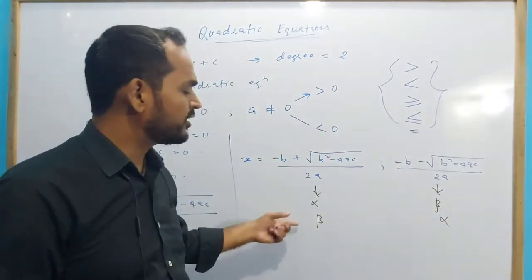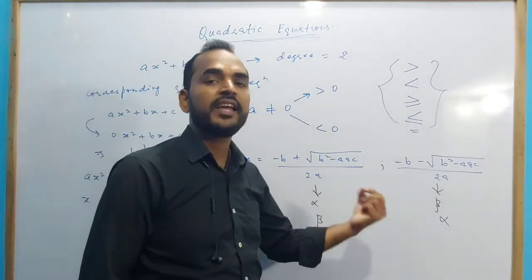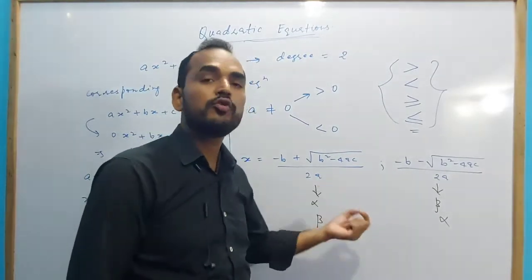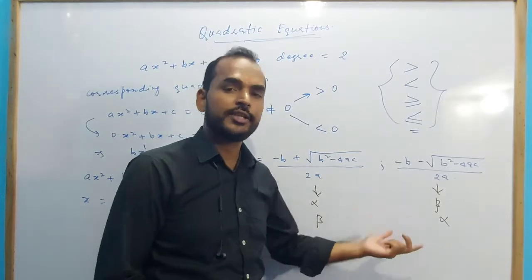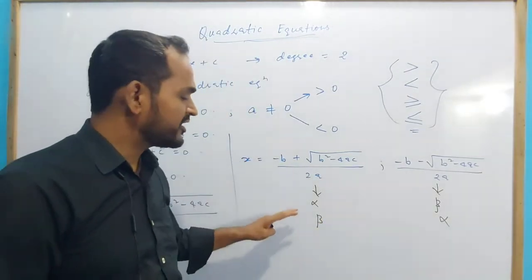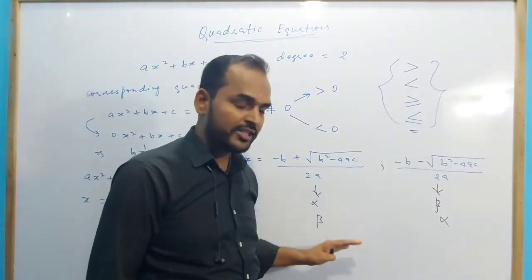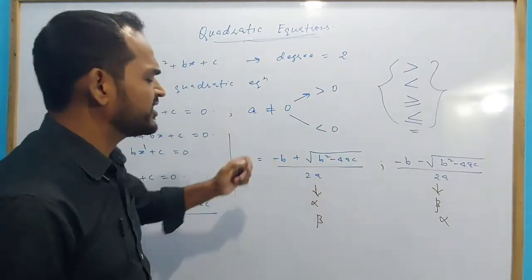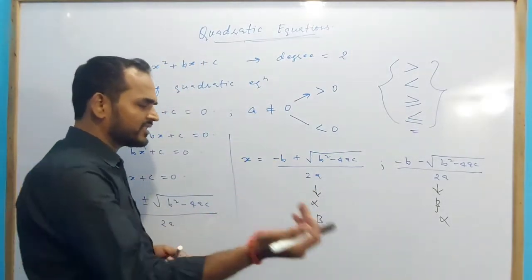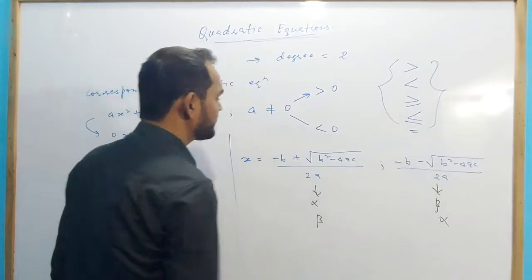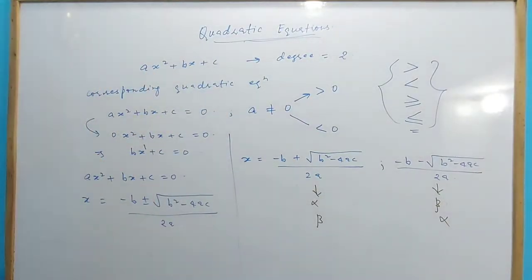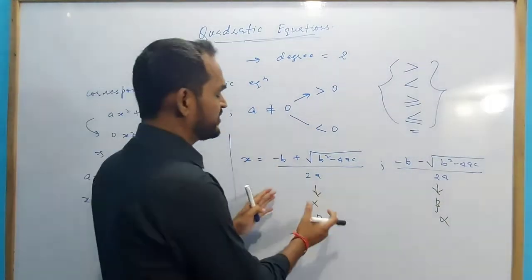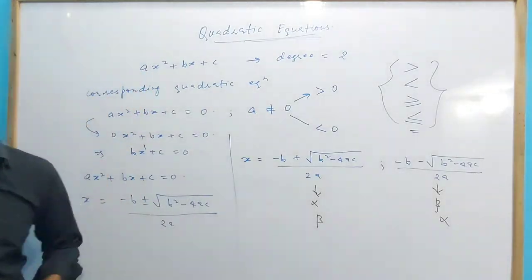I can represent the roots with x, y, or with u, v, or with s, t. It doesn't matter what symbol I am using, but for the sake of convenience, conventionally alpha and beta are used for roots. So now we will be studying the relationships of roots to the coefficients.